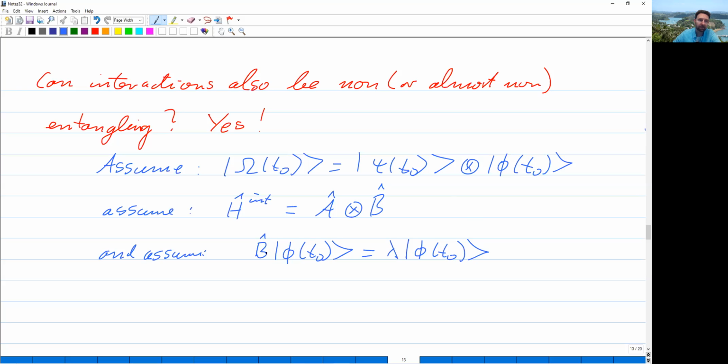When that happens, then something special happens in the time evolution operator.